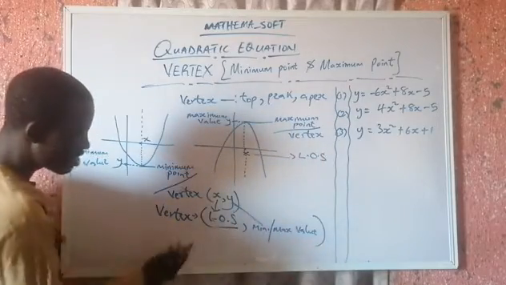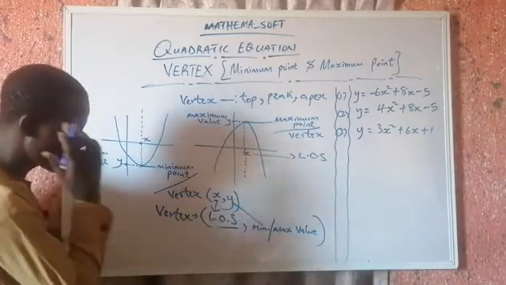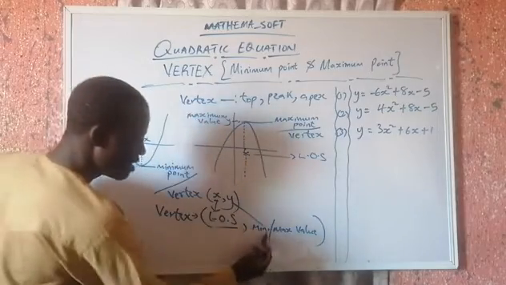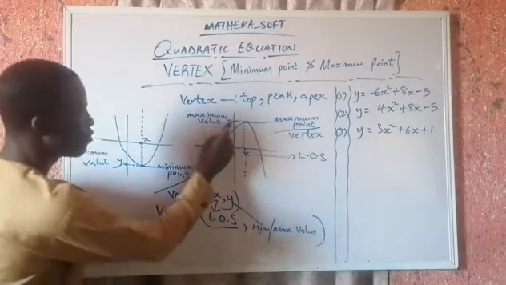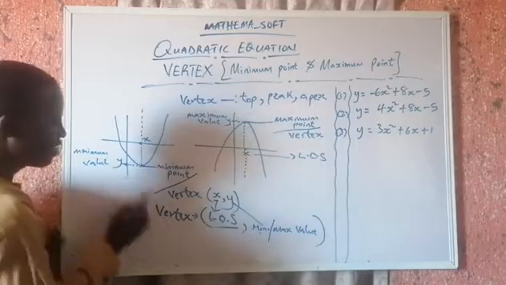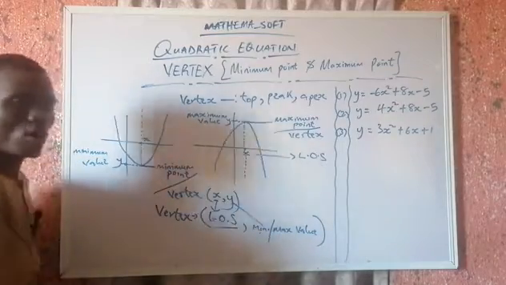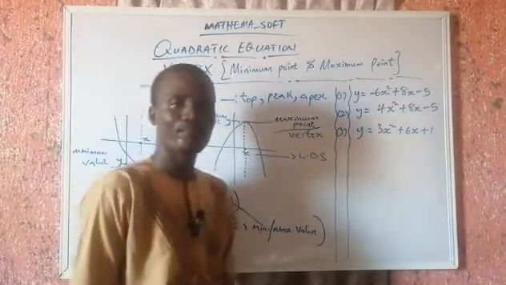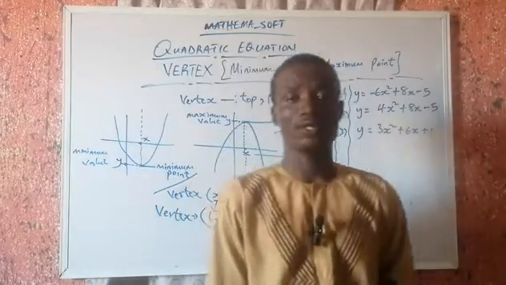So your line of symmetry will give us the x coordinate of the vertex, and the minimum or maximum value will give us the y coordinate of the vertex of a quadratic curve.